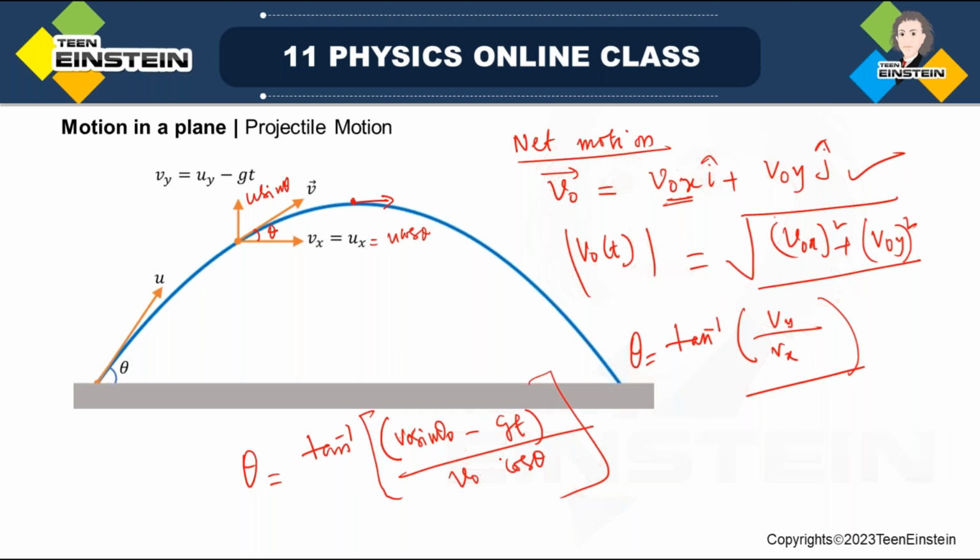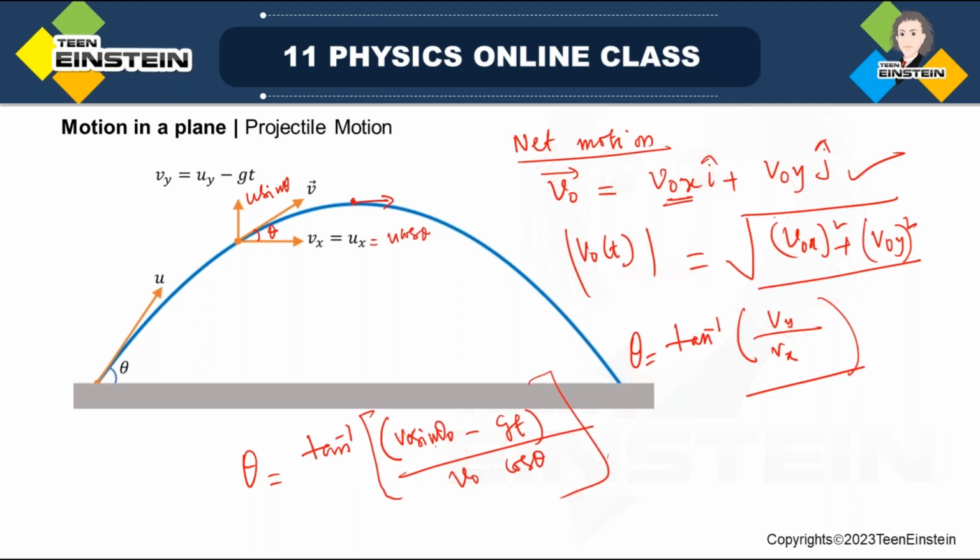Okay, so this is the thing. You can in fact write it in some other format also. This can be written as V0 tan theta 0 minus gt by cos theta. Anyway, so this is fine.